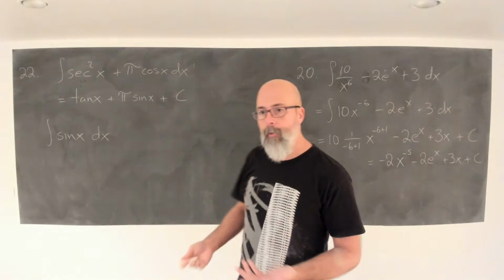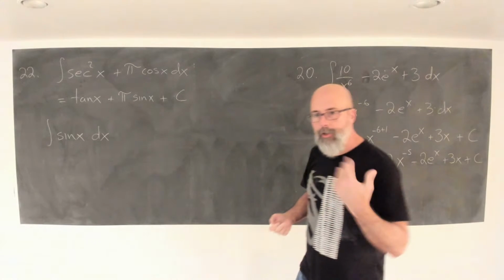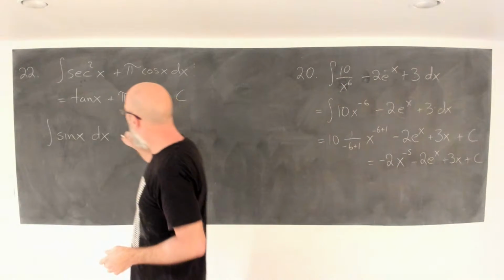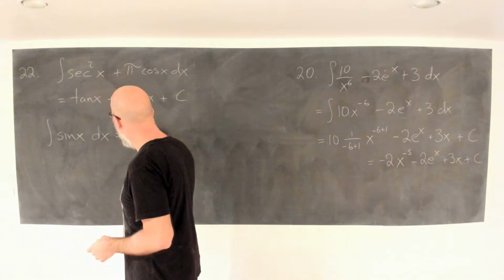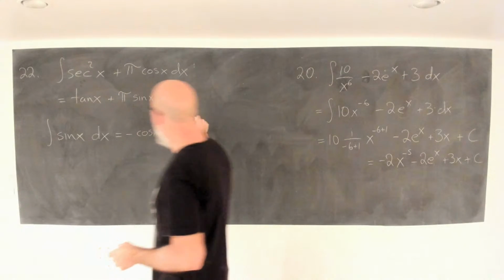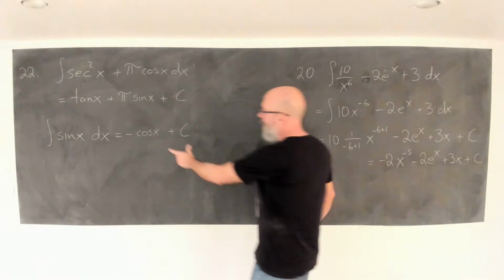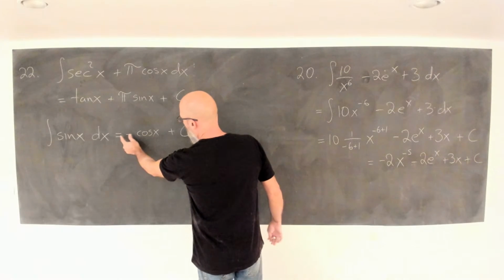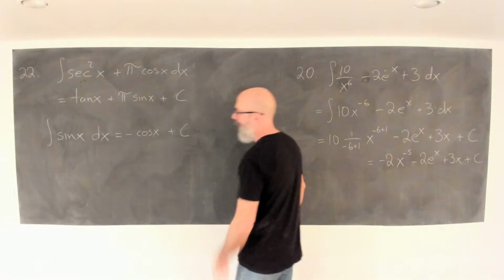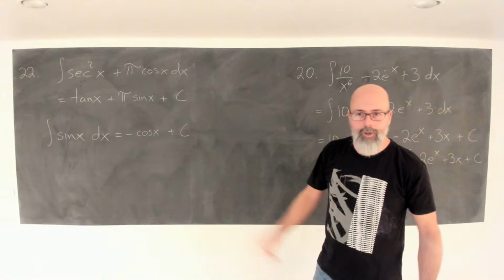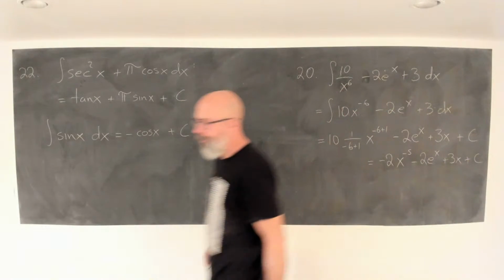Because you know the derivative of cosine is negative sine. So if you throw in a negative in front of that, you're good to go. The derivative of cos is going to be negative sine. Coupled with this negative that's outside, it turns into a positive, and you know it's right.